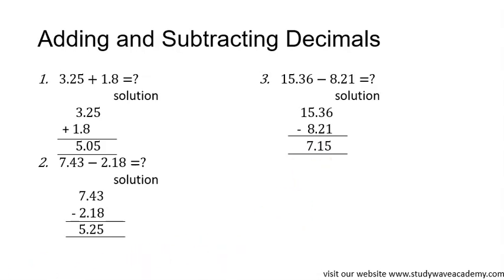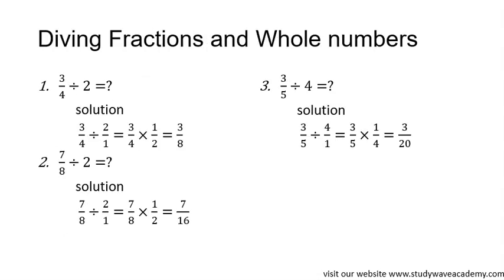Okay, good. So next we're going to be looking at dividing fractions and whole numbers. Dividing fractions and whole numbers. So when you're presented with a question, 3 over 4 divided by 2, how are you going to solve this?